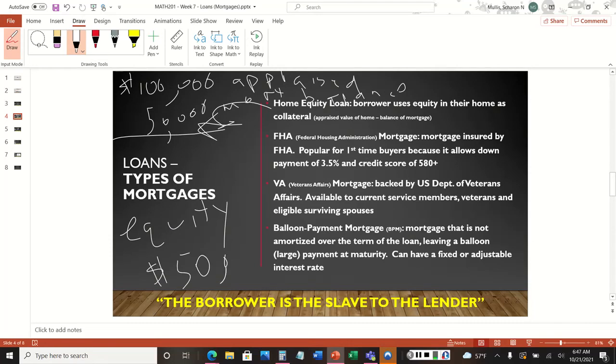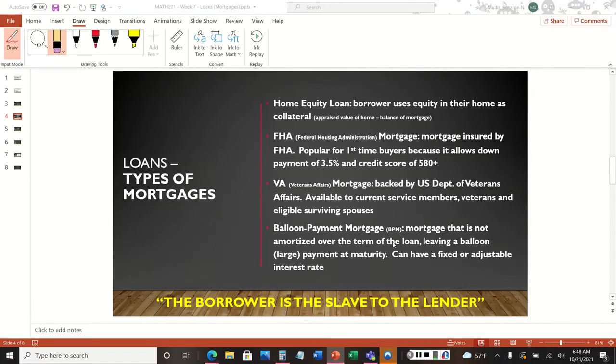So the banks usually don't let you borrow the whole amount. They usually allow you to borrow probably up to 80% of whatever the equity is. But that's how you calculate how much equity you have available in your home.